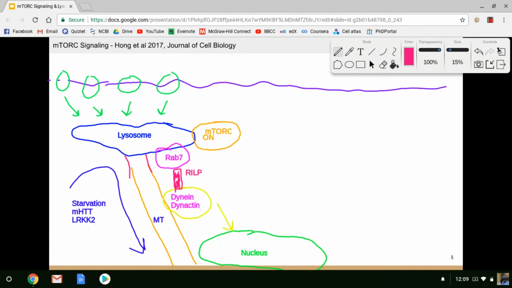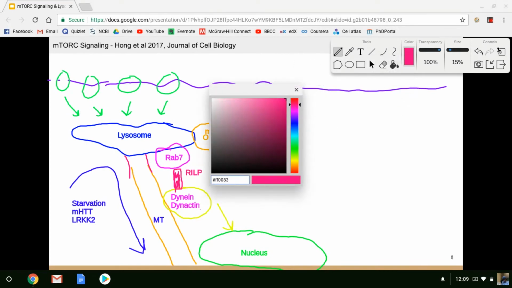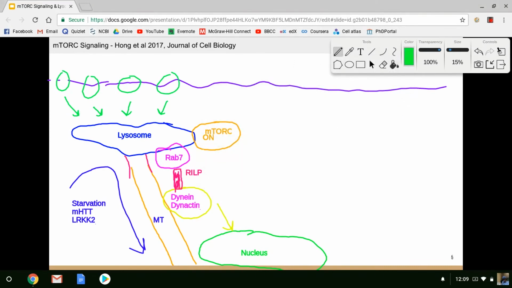I guess it's kind of confusing as to what actually activates the retrograde transport. I said starvation, but how does starvation suddenly cause this retrograde transport to occur? It's thought it might have something to do with lysosomal pH. When lysosomal pH increases, it can cause the retrograde transport.